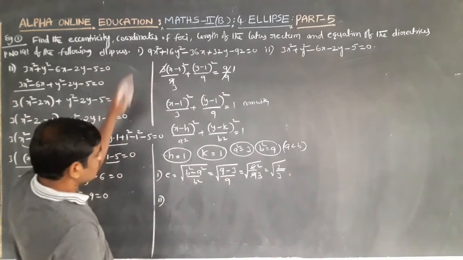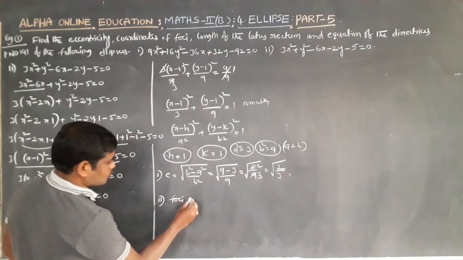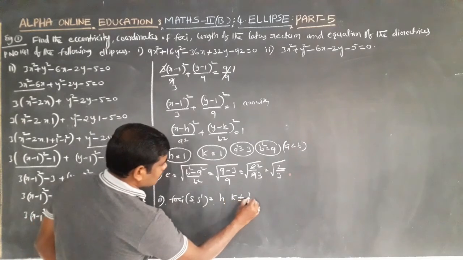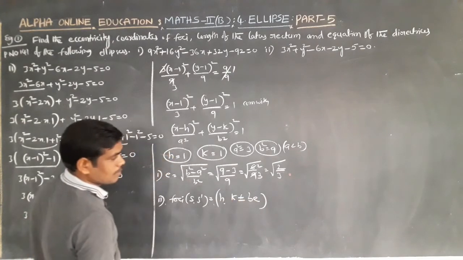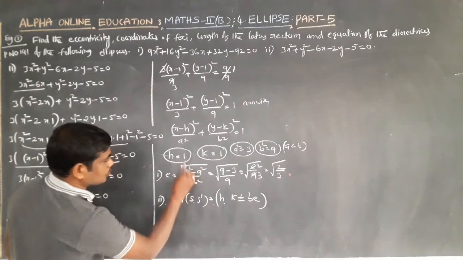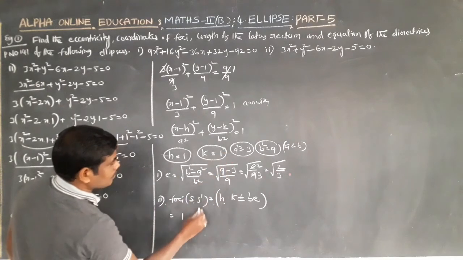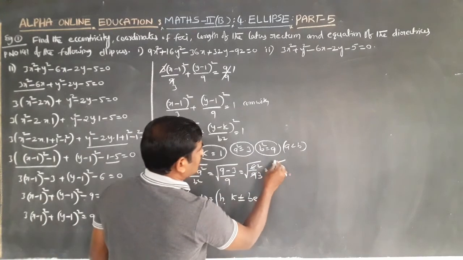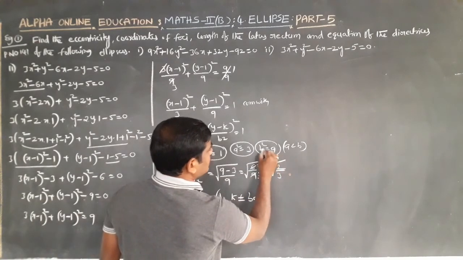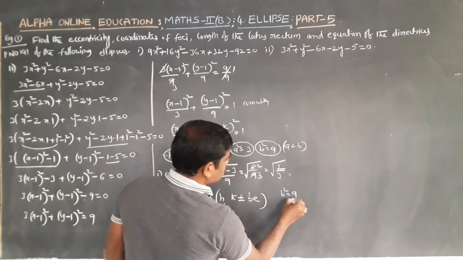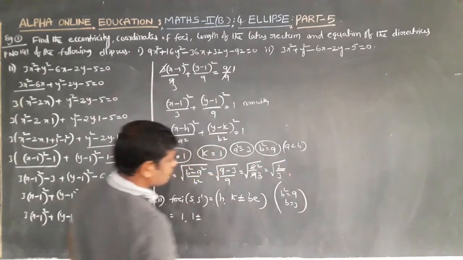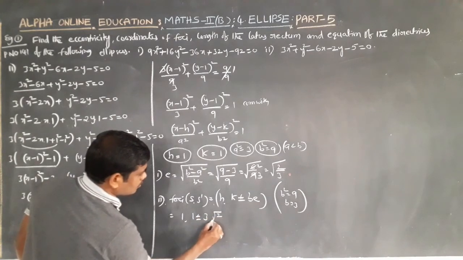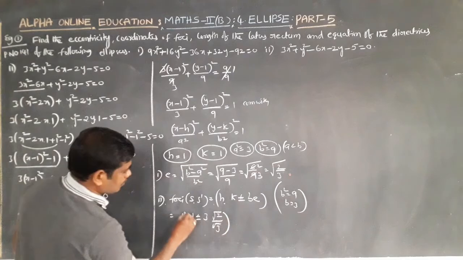Second one is the coordinates of the foci, S and S dash: h comma k plus or minus be. h is 1, k is 1, plus or minus b. b² is equal to 9, which means b is equal to 3. 3 into e, where e is equal to root 2 by root 3.